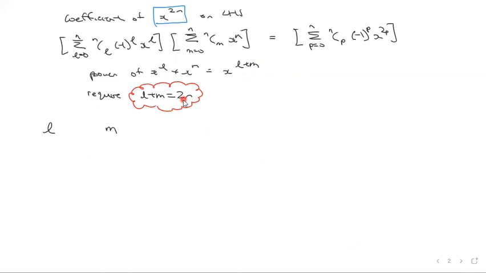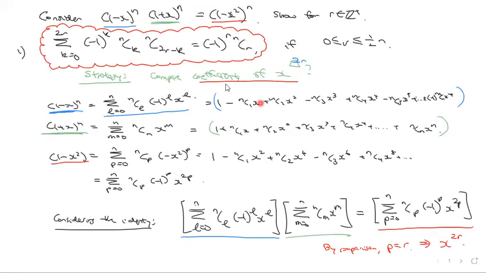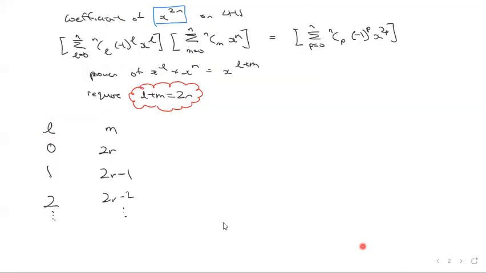So L could be 0, the lowest L. If L is 0, then M has to be 2R. If L is 1, then M must be 2R minus 1. If L is 2, then it must be 2R minus 2. And this obviously keeps going on. If L is some number k, then M must be 2R minus k to make that up. And then, of course, at the very end, L can get to 2R and M can go to 0.